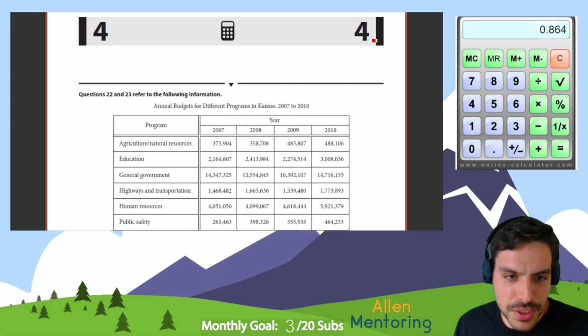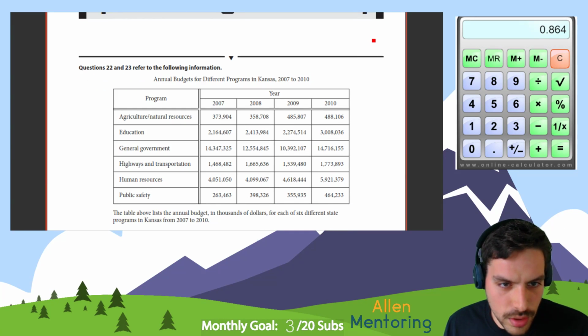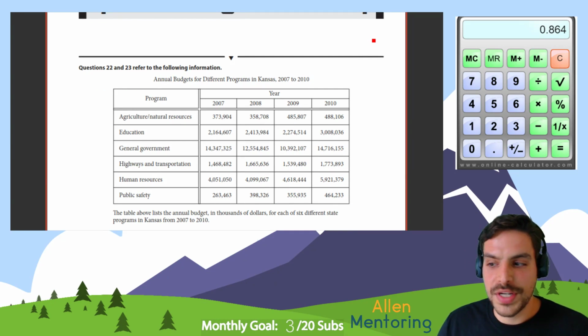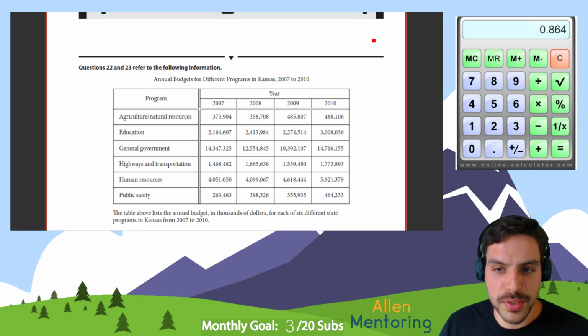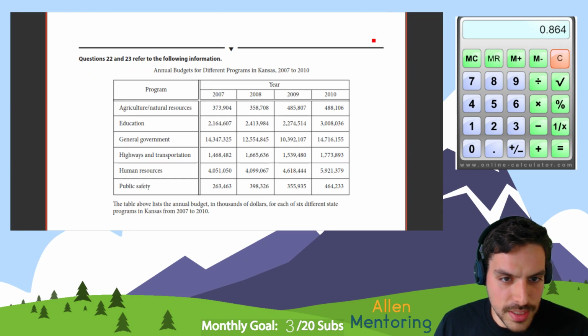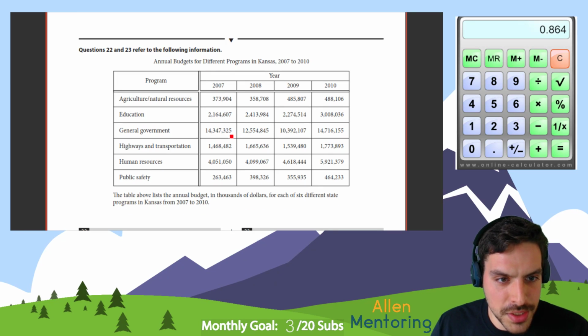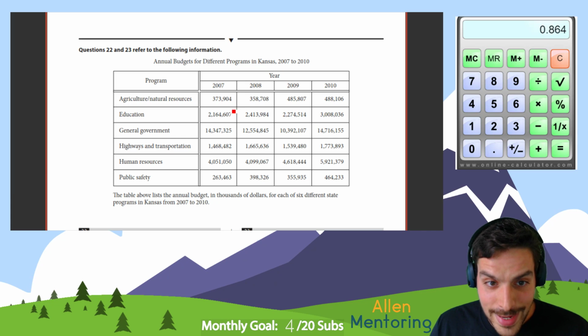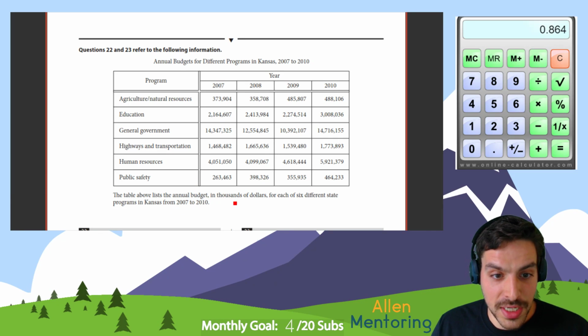So question 22. We start with a table of annual budgets for different programs in Kansas from 2007 to 2010. And I see we have a bunch of programs here, the years, and how much they spent. And since they don't really give you a dollar amount here, you should look below and it'll say that these amounts are in thousands of dollars.